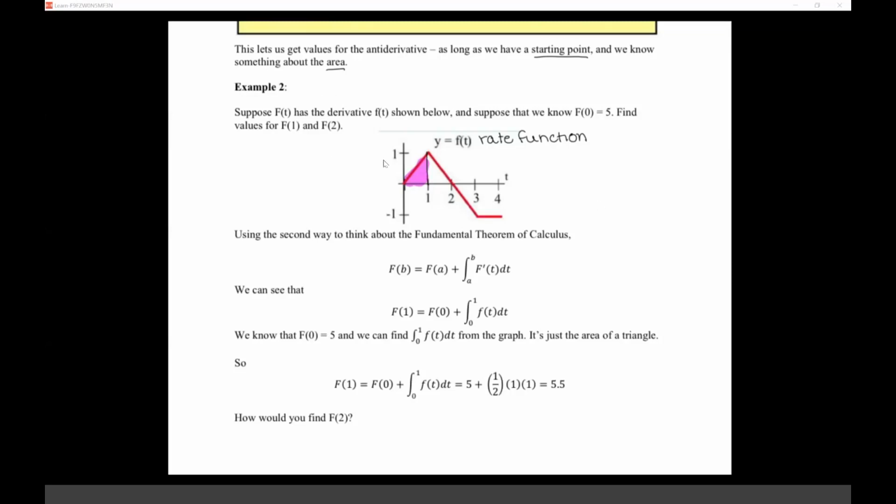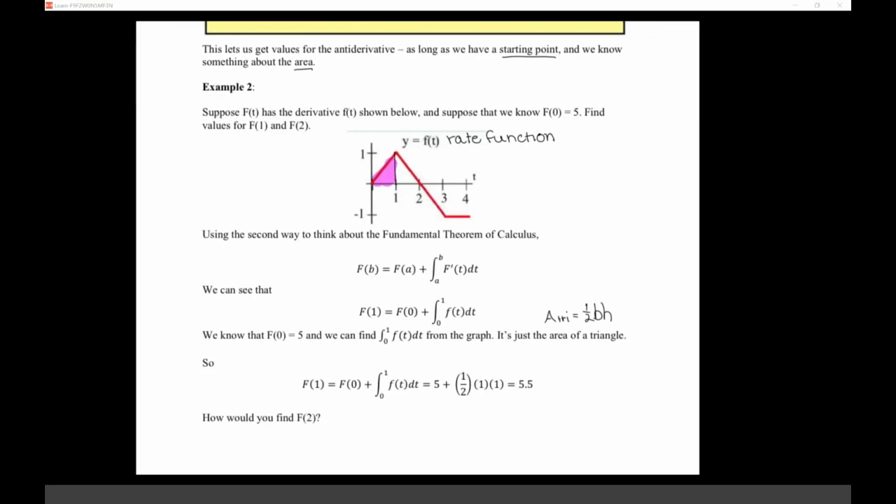It has the base of 1 and a height of 1, and the formula for the area of a triangle is 1/2 base times height, okay? So you have to remember that, or you have to look it up. So I know the area of this triangle is 1/2 times 1 times 1. You can see it right here. Okay, so they're just substituting this area of the triangle in for the integral.